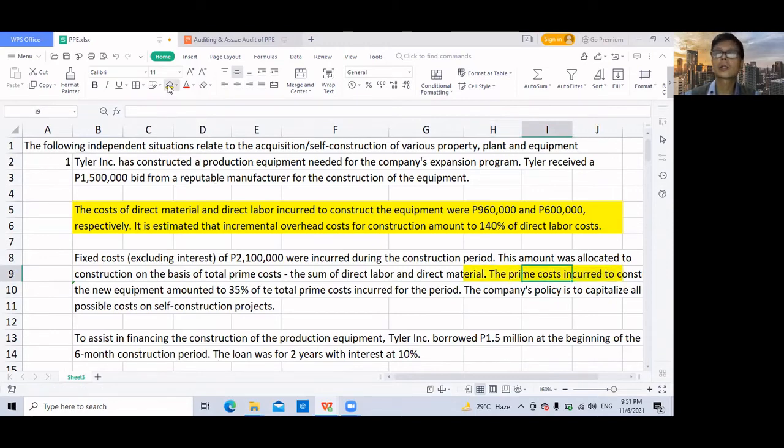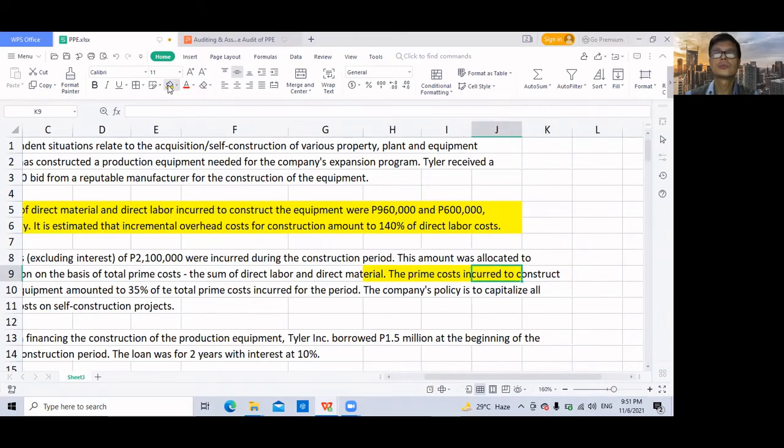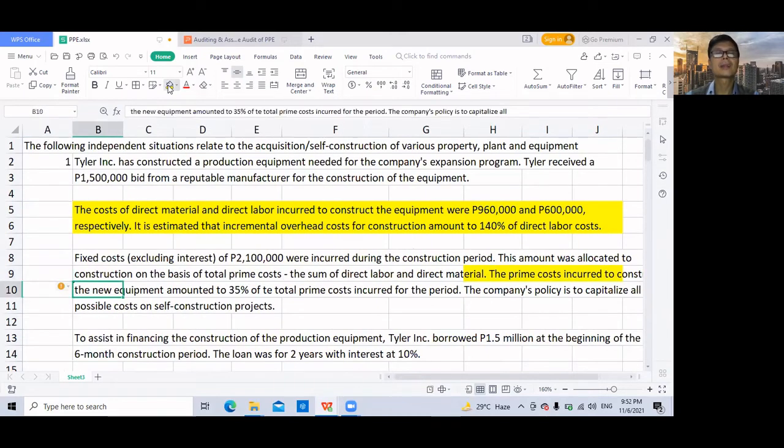The prime cost incurred to construct the new equipment amounted to 35% of the total prime cost. So the direct materials and direct labor, that's 35% of the total prime cost incurred for the period.